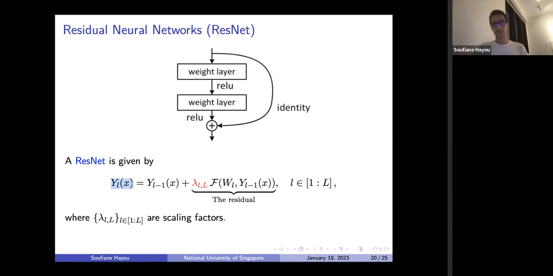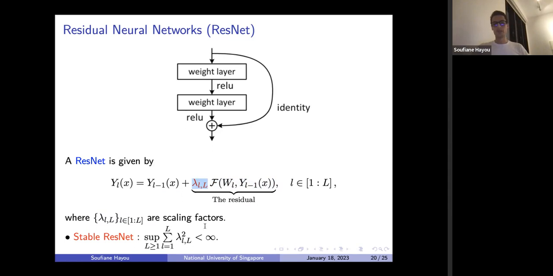You have the layer L equal to the previous layer plus some scalar times a ResNet block. Typically, in standard implementations, there is no scaling, and so I am introducing the scaling here. What we call a stable ResNet is any ResNet such that if you sum the squares of these scaling factors and take the supremum over L, so you can think of L going to infinity, then this remains bounded.